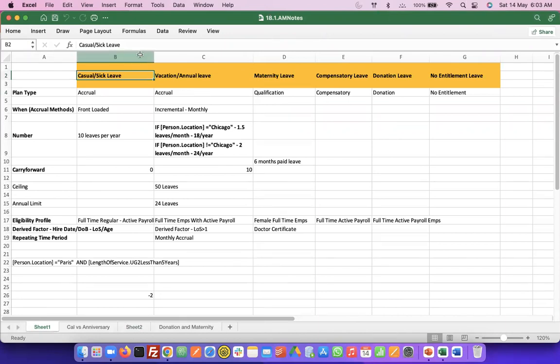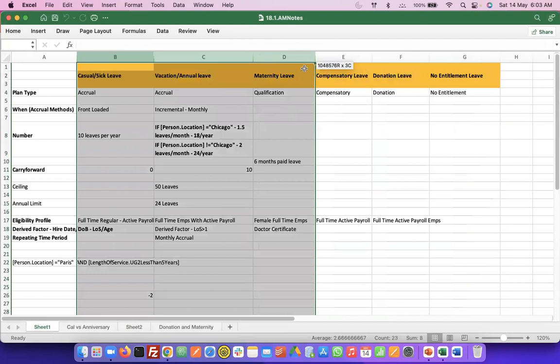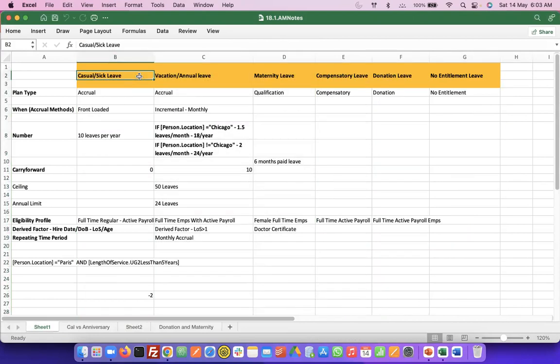Yes, these are the typical types of leaves that clients usually have, and the first three are quite common, like casual leaves. Front loading them at the beginning of the year could be 10 or 15 leaves per year, and that might remain the same for all the employees, irrespective of their profile. There's no carry forward option, and since there is no carry forward option, limits don't come into the picture at all.